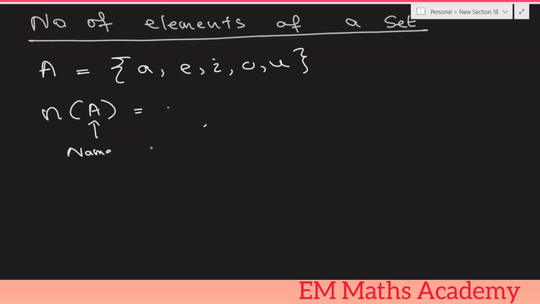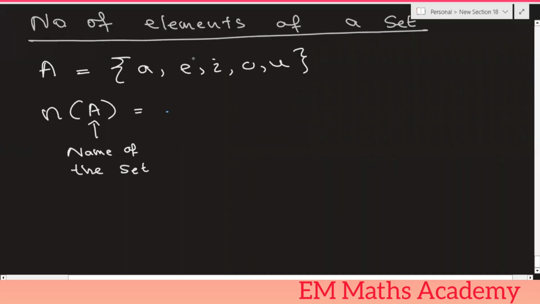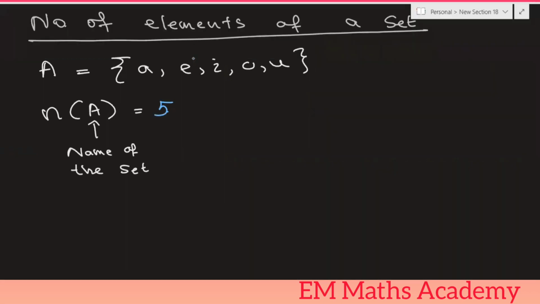Name of the set. Number of elements within A is, oh sorry, we write it as a number. Okay, we just write it as a number. Number of elements in A is equal to 5.